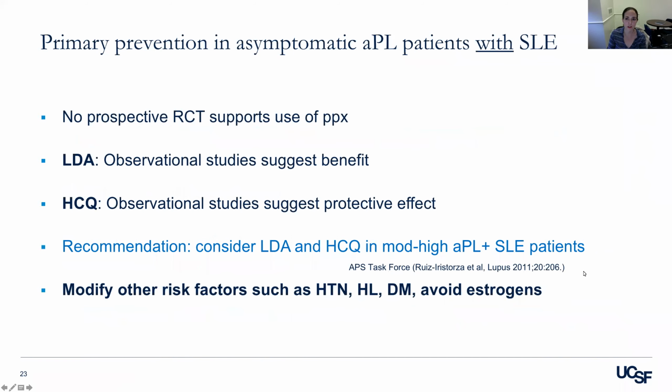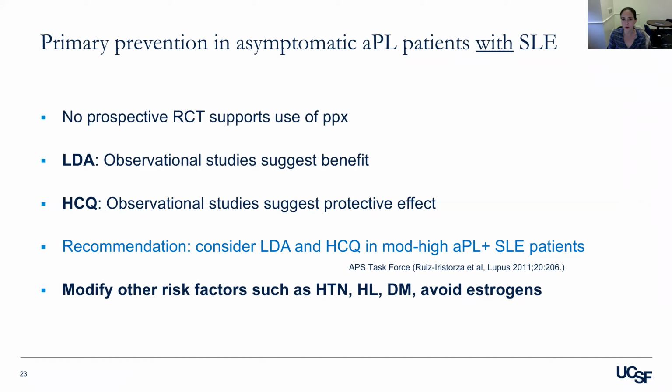So what about in patients with lupus? How can we think about primary prevention there in those patients that are positive for antiphospholipid antibodies? So as we saw, there's no prospective randomized controlled trial data to support the use of prophylaxis. We have observational studies that suggest benefit for both low-dose aspirin and hydroxychloroquine. So the current recommendation from the APS task force is to consider low-dose aspirin and hydroxychloroquine in moderate to high titer antiphospholipid antibody patients with lupus.